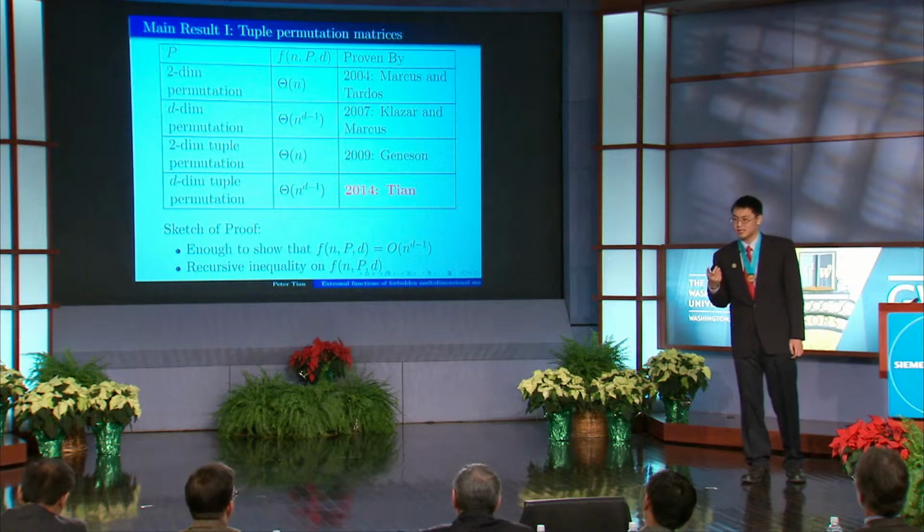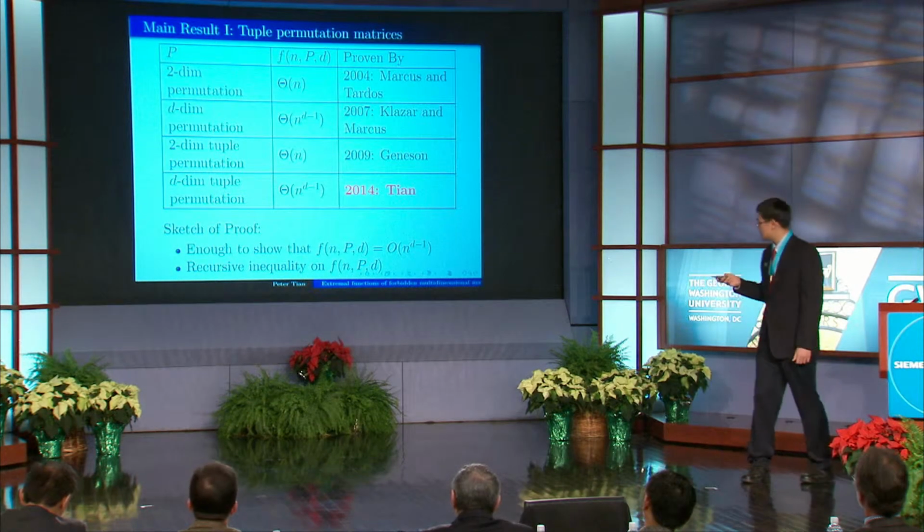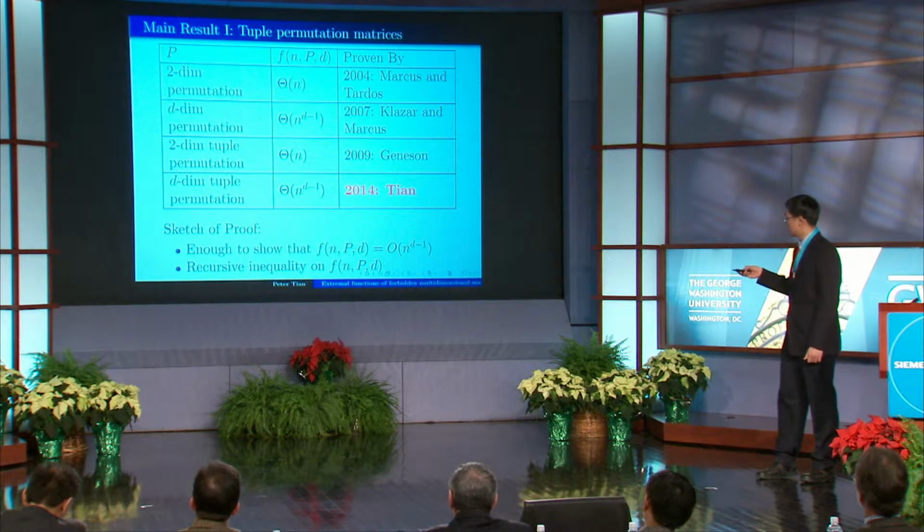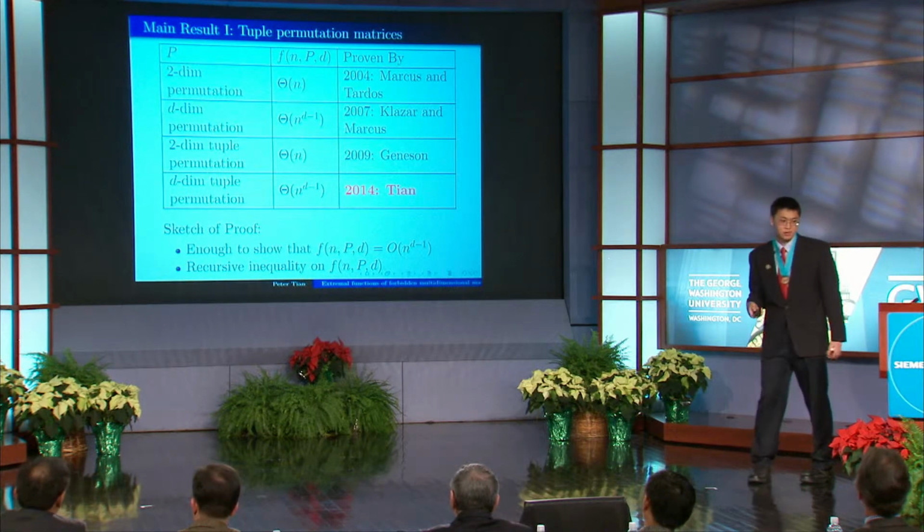And I generalized these past three results by showing a tight bound n to the d-1 for any d-dimensional tuple permutation matrix. The significance of this result lies in the fact that since n to the d-1 is a trivial lower bound, tight bound n to the d-1 is the lowest possible order that a non-trivial extremal function can have.